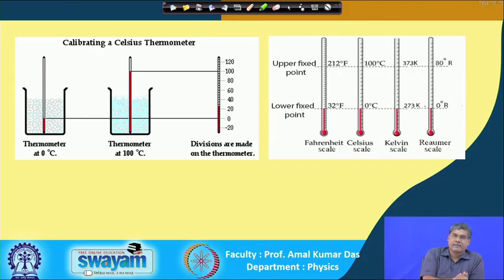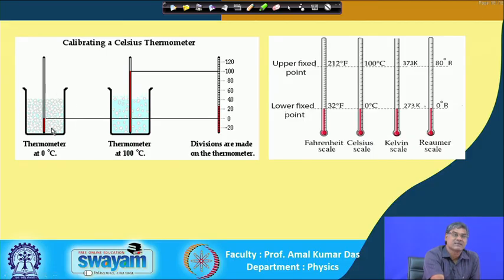Okay. And the temperature of boiled water is taken as 100 degree centigrade. This is the international standard. Now, what do I have to do? I will put this mercury-filled tube in a bath having ice.